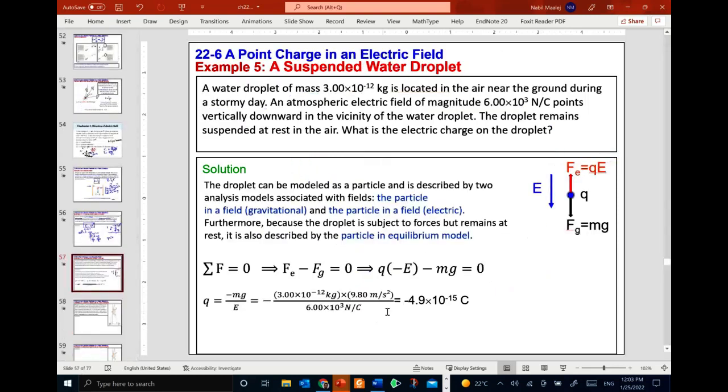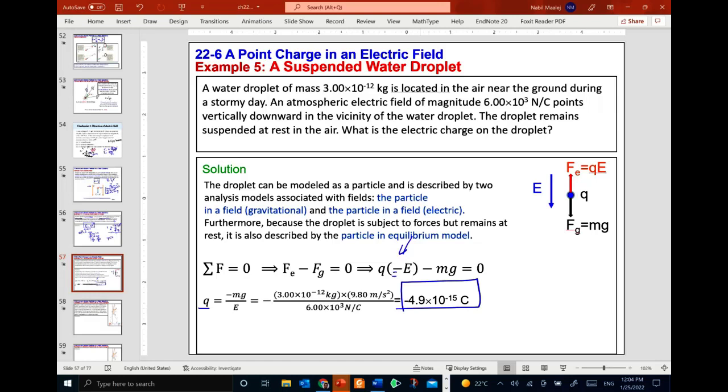If we solve this, we find the charge is equal to minus 4.9 × 10⁻¹⁵ coulombs. This is actually more accurate because E is pointing in the negative direction, that's why we have a negative sign here, minus mg, and we solve for Q, it's minus mg divided by E, and you get it to be negative.